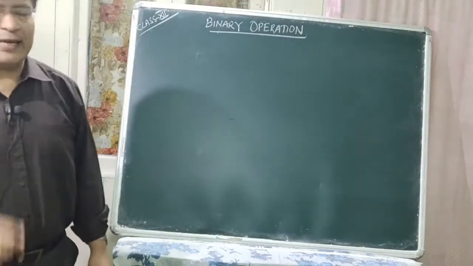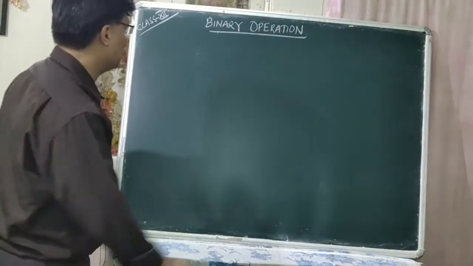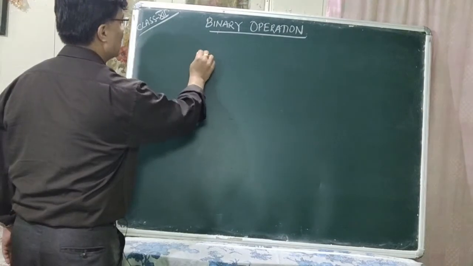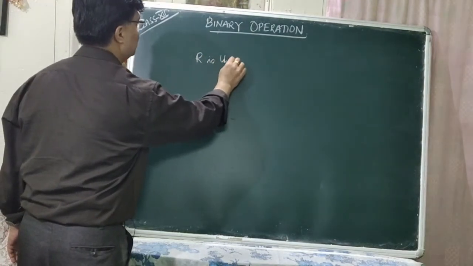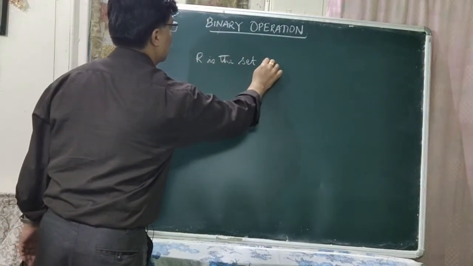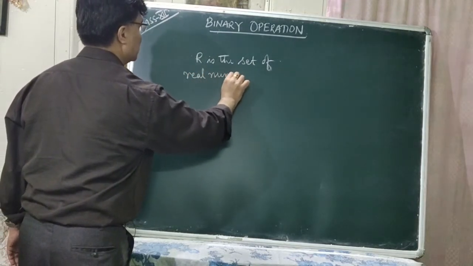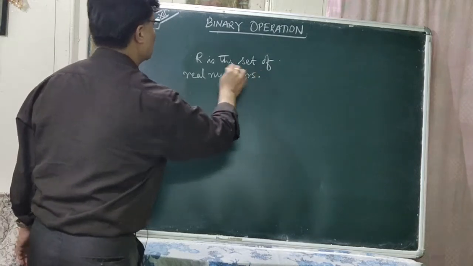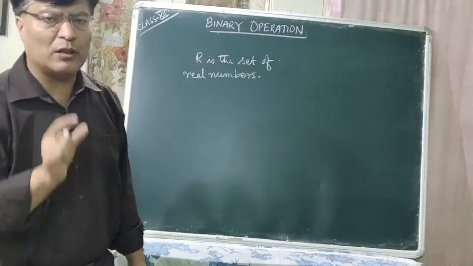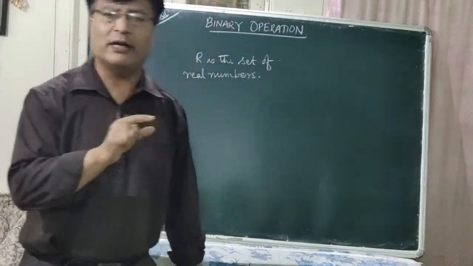So now in this case, let us take an example. Suppose R is the set of real numbers, right? So R is the set of all real numbers. All the defined numbers are included in real numbers.